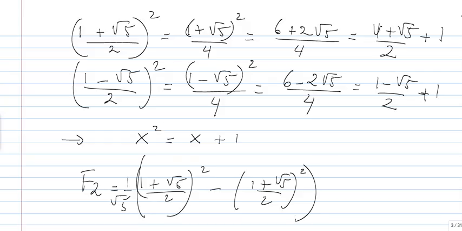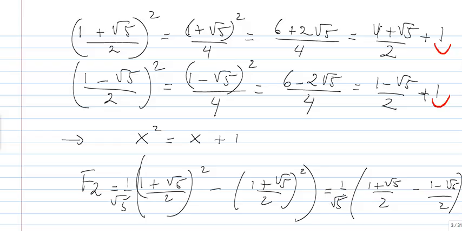As we just showed, this will be equal to 1 over square root of 5, and the plus 1 will cancel. Then you will have 1 plus square root of 5 over 2 minus 1 minus square root of 5 over 2, which gives 2 square root of 5 over 2 square root of 5, equal to 1. So F2 is equal to 1, as claimed.